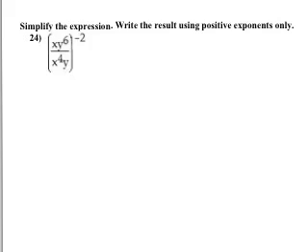t to the 24th. This is number 24. And it's in parentheses, there is x y to the 6th over x to the 4th y. Now that negative 2, if you know what to do with these negative exponents, this is easy.